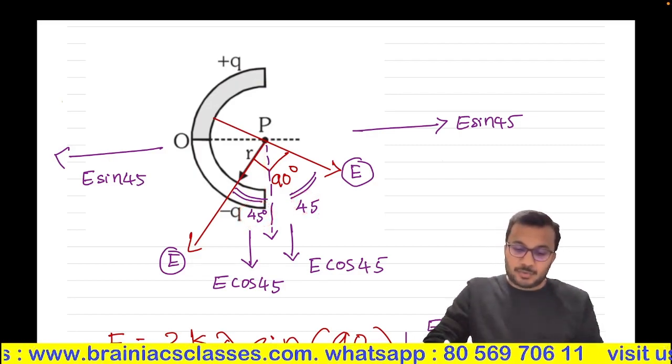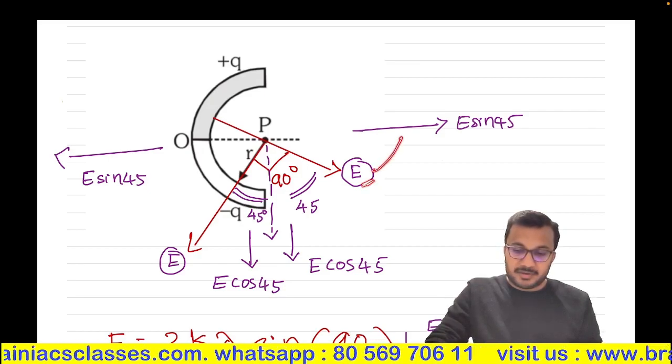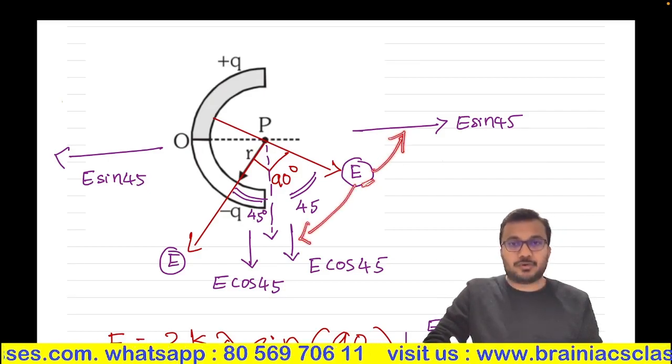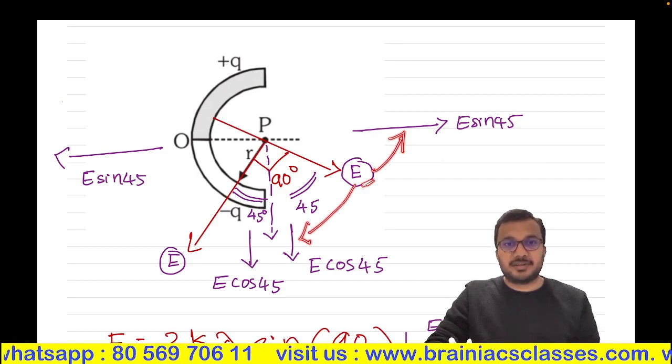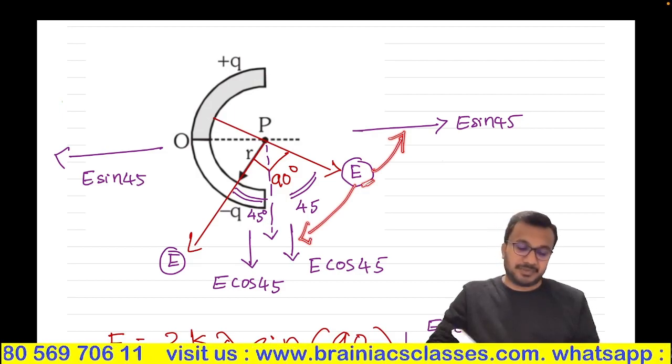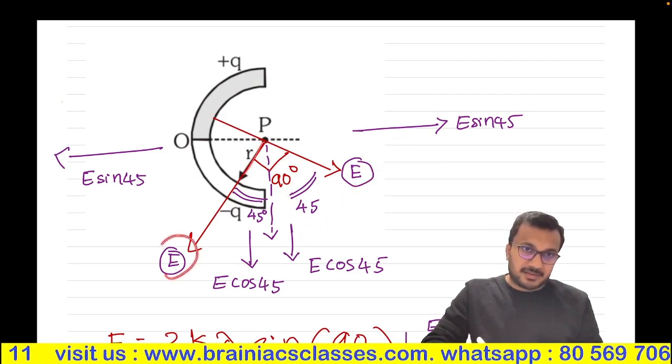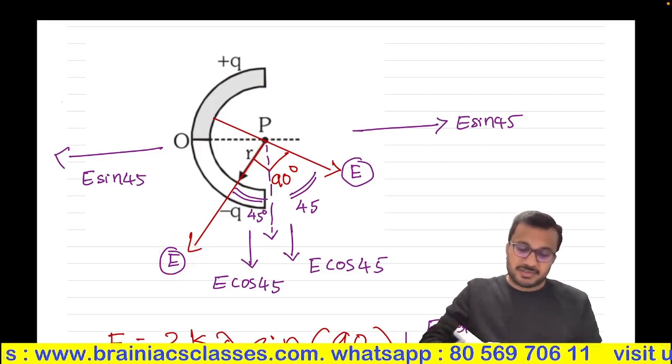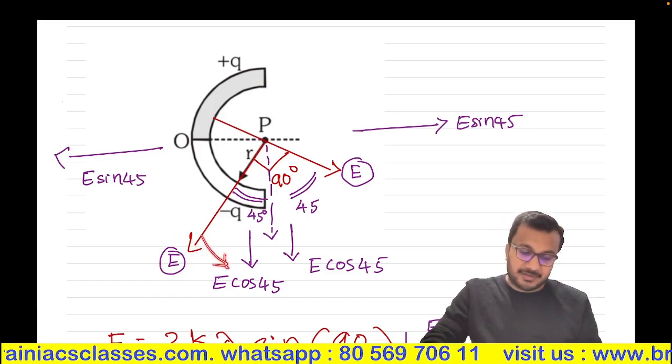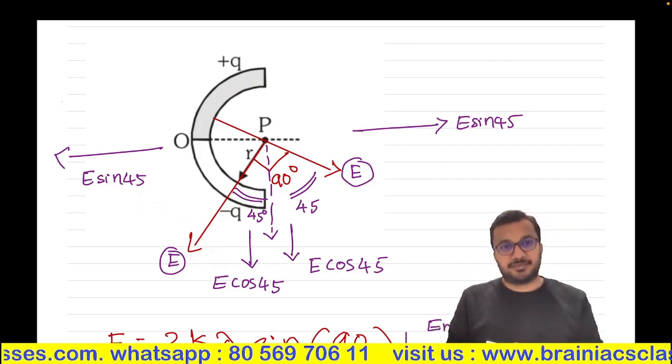Now the E is split into two components, E sine 45 and E cos 45, because electric field is a vector quantity. Here also we have another E for the negative charge, which is split as E cos 45 and E sine 45.